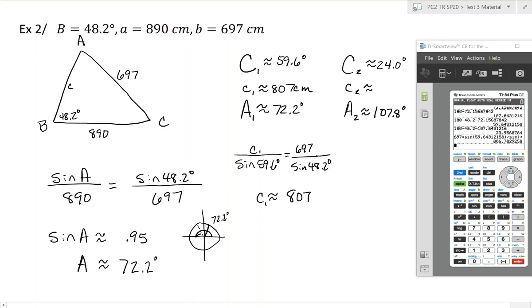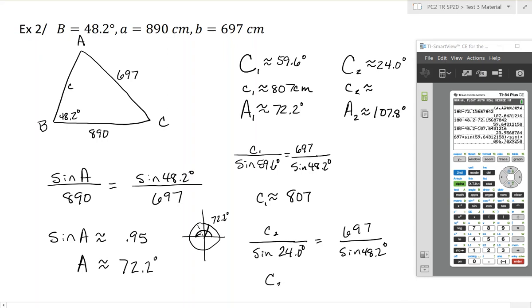And now we have to do the same thing for c sub 2. So c sub 2, if big C was 24.0 degrees, is equal to, the rest is the same, that was the given, it's set, it's not going to change.